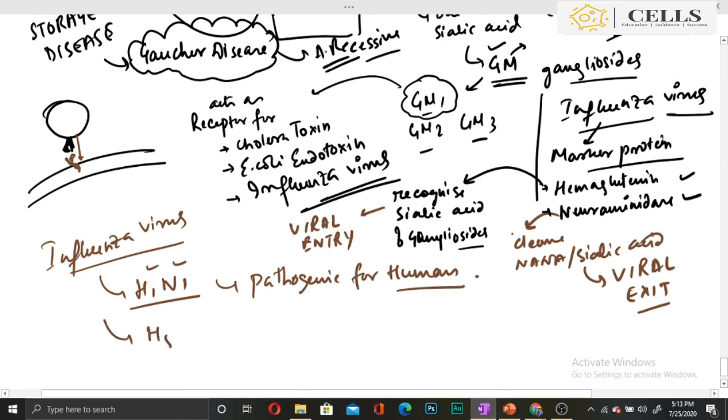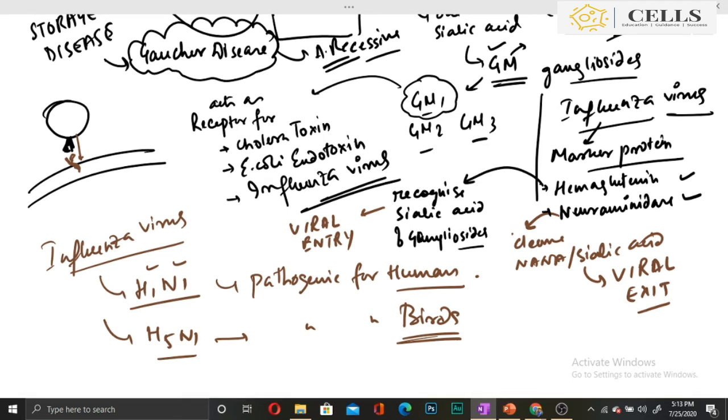And H5N1, they are pathogenic for birds. And that's why these gangliosides are very much important as different markers in the cell. So these glycolipids act as markers in the cell, whereas phospholipids do not act as a marker in the cells. Am I making my point?